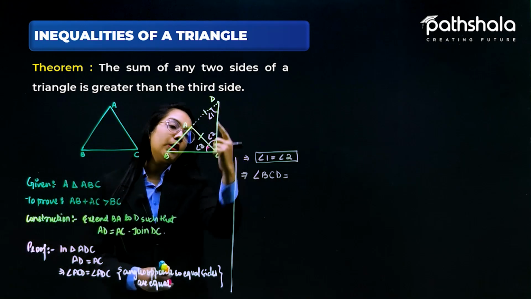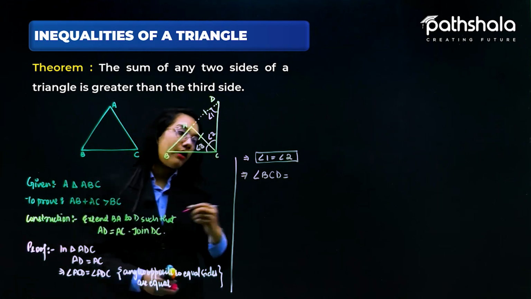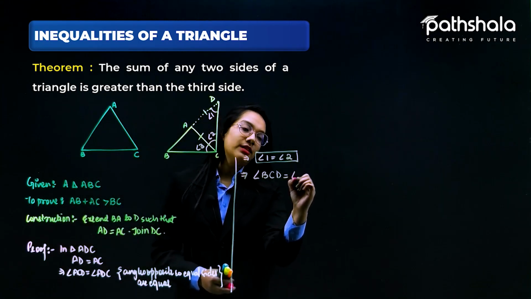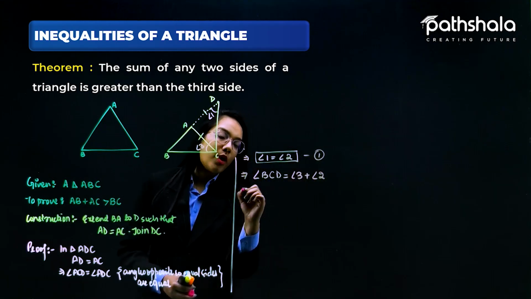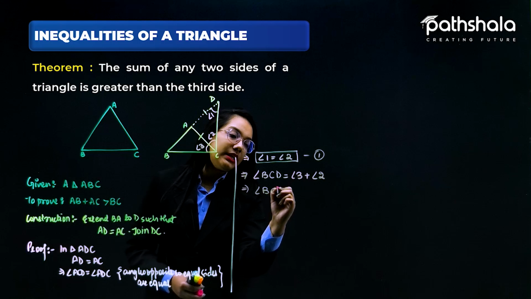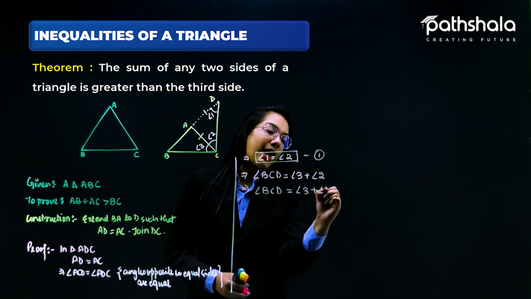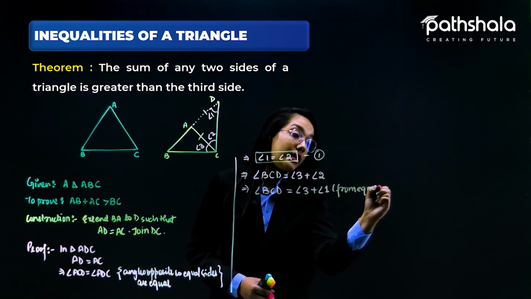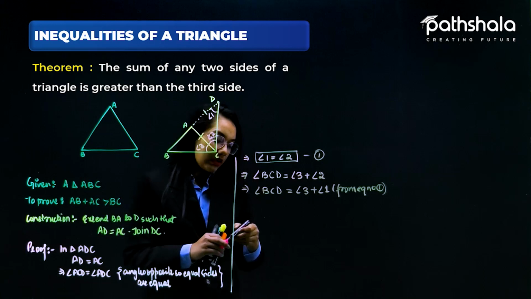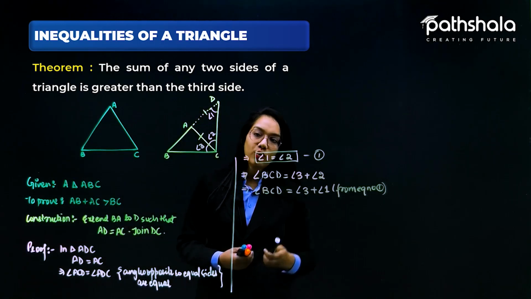BCD is a combination of these two angles, angle 3 plus angle 2. So we can write BCD as angle 3 plus angle 2, and from equation number 1, BCD can also be written as angle 3 plus angle 1. From equation number 1, we use angle 2 is equal to angle 1 here.